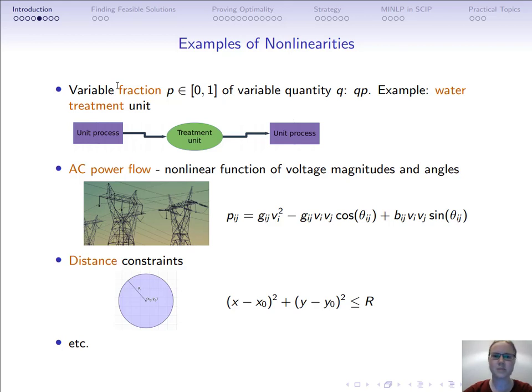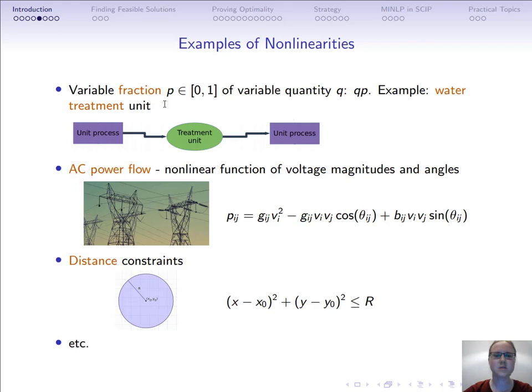A practical example of such multiplication occurs, for example, in water treatment units. Here, the quantity is the level of a contaminant in the water, and the fraction is defined by the removal rate of the treatment unit. But the removal rate itself depends on the configuration of the treatment unit and therefore is variable. And hence we have a multiplication of two variable terms.